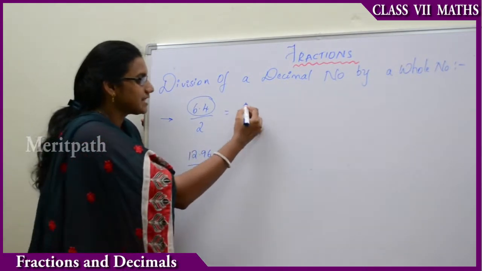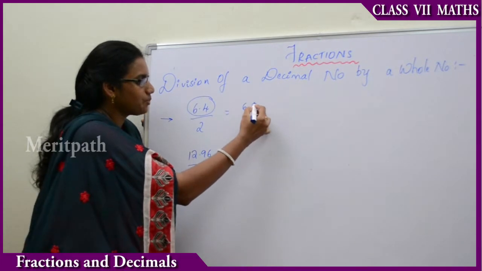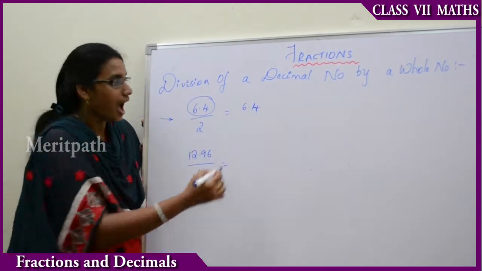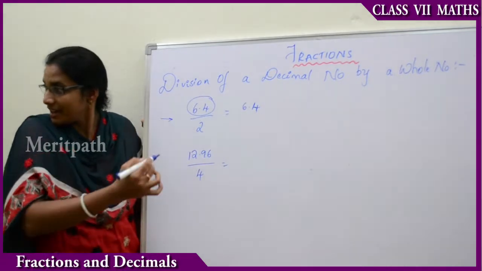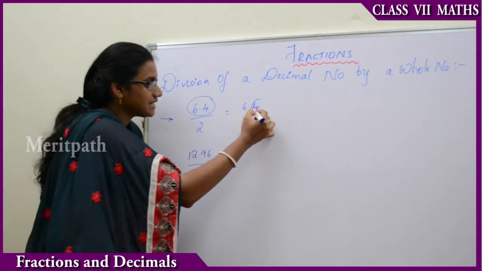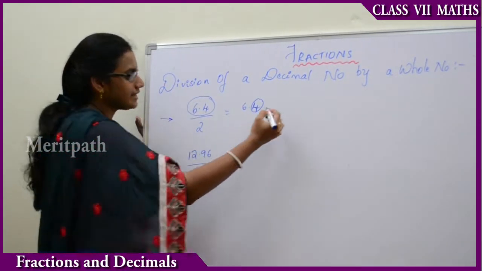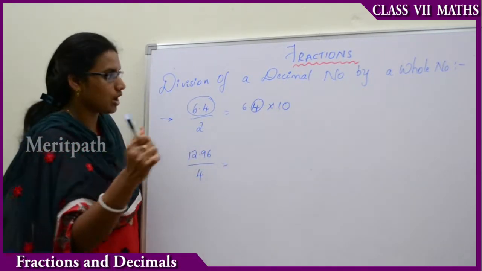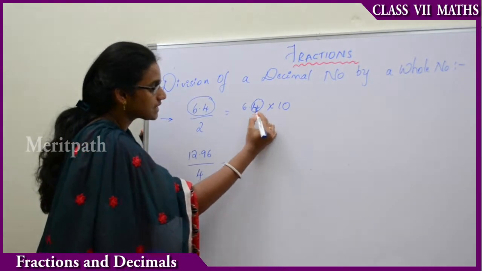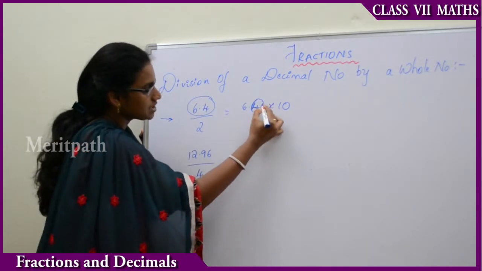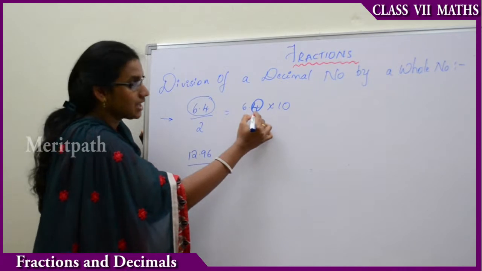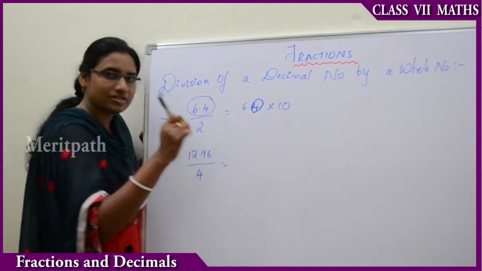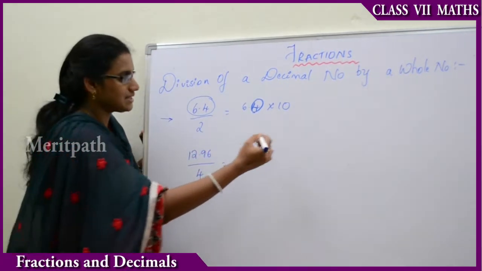That is 6.4. I have previously said that after the point, if there is 1 unit, then we will be multiplying it with 10, because after the point there is only one unit, right? That is one place. So we will be multiplying with 1 and one 0, that means 10, right?